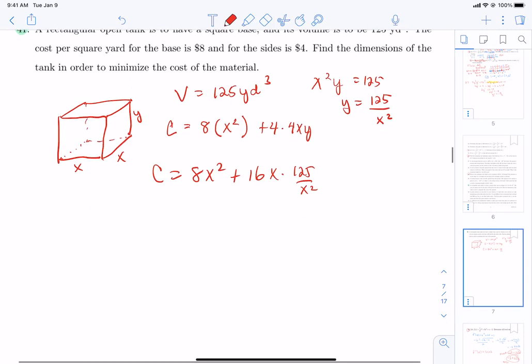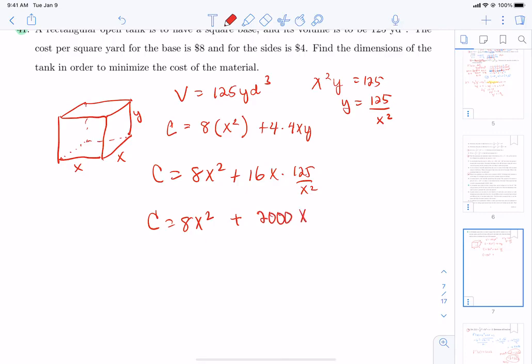Now remember, to find minimums or maximums, we are using the first derivative. So we know we're going to have to take a derivative of this. And so because of that, let's get it ready. 16 times 125 is 2,000.